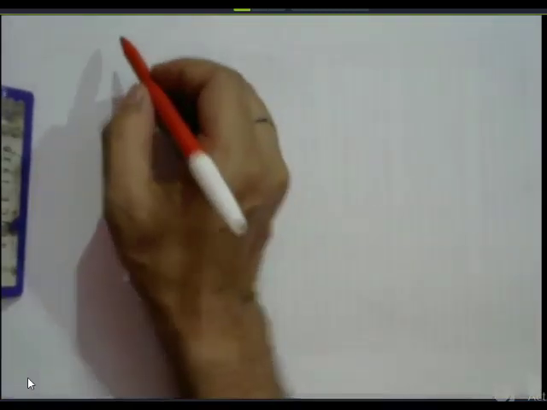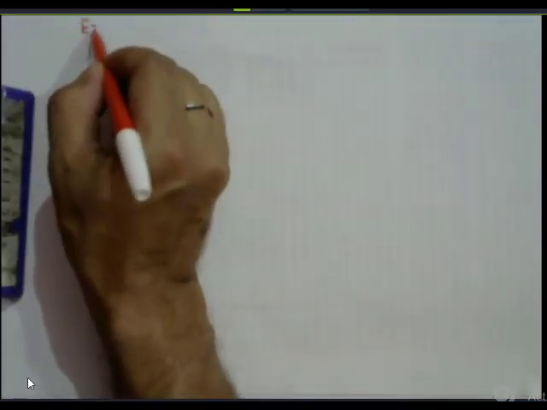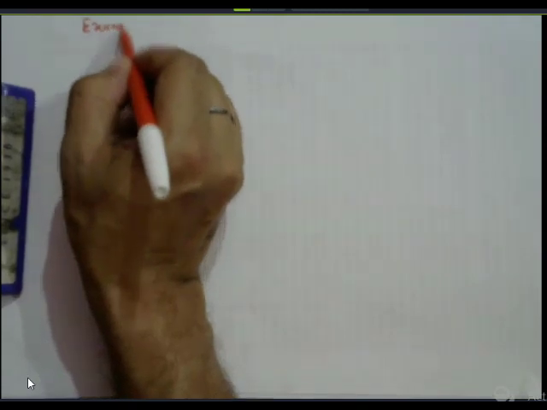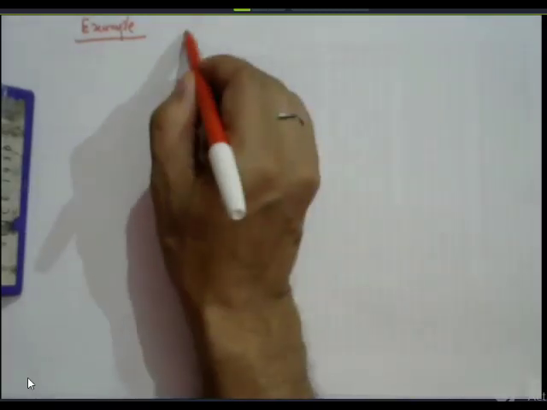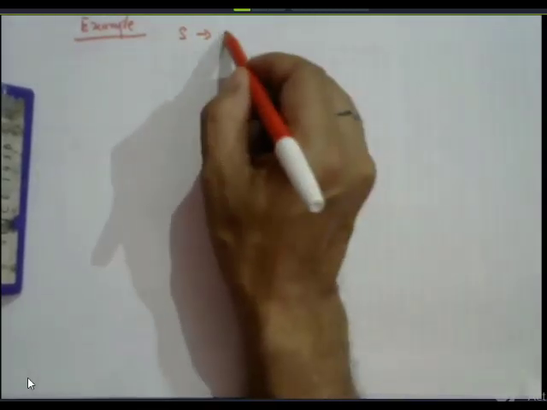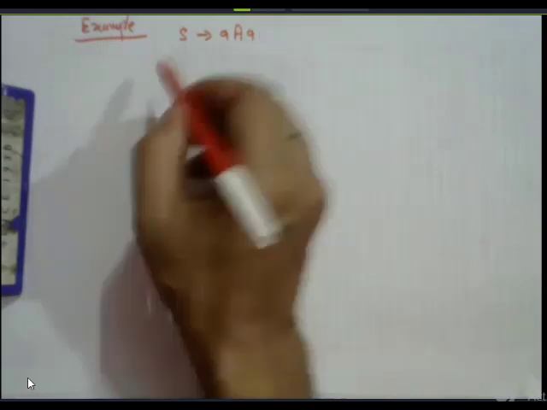Now take another example for the same simplification of grammar. Example 2. S tends to A, capital A, small a.